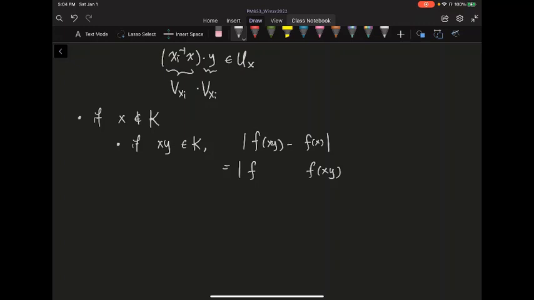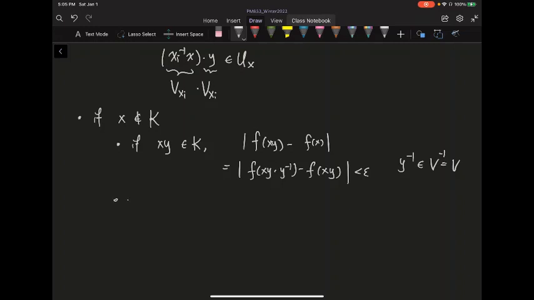The xy is inside k, but x is xy times y inverse. Here y inverse is still inside v, because v equals v inverse. So since xy is inside k, you do the same argument, and this is going to be less than epsilon again.